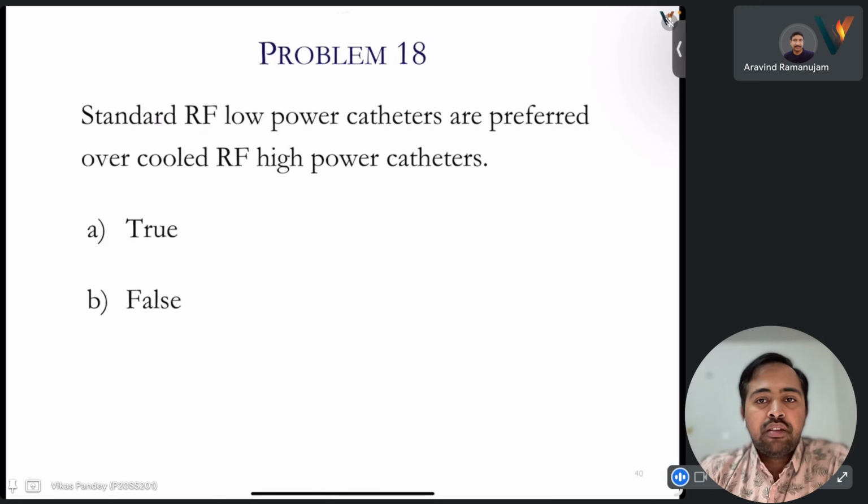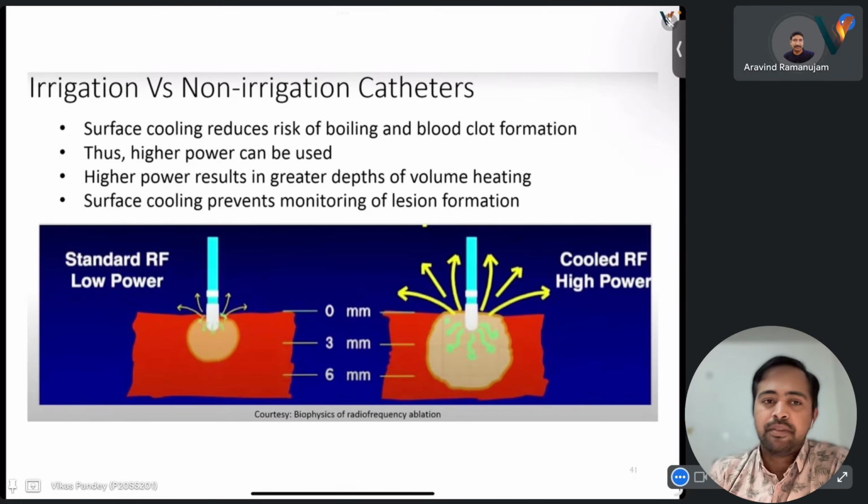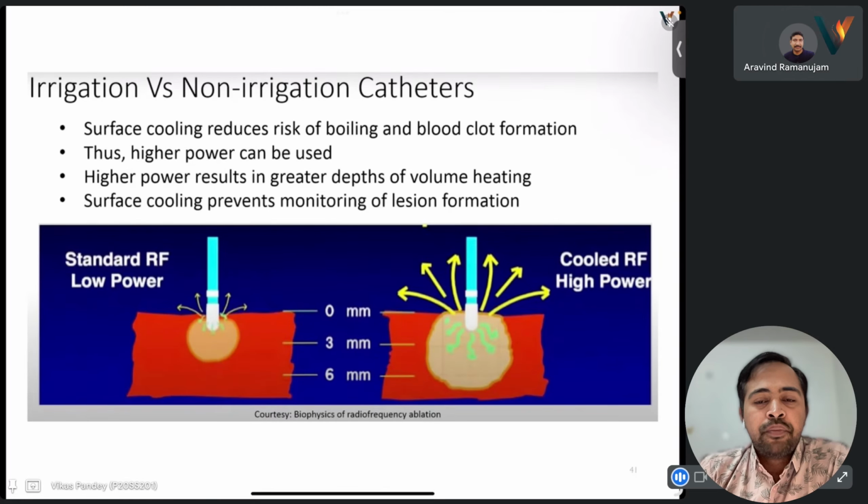Standard RF low power catheters are preferred over cooled RF high power catheters. Is it true or false? False, sir. Why? As shown in the class, the cooled one will have a higher impact without disturbing other areas, so we can go for higher power.